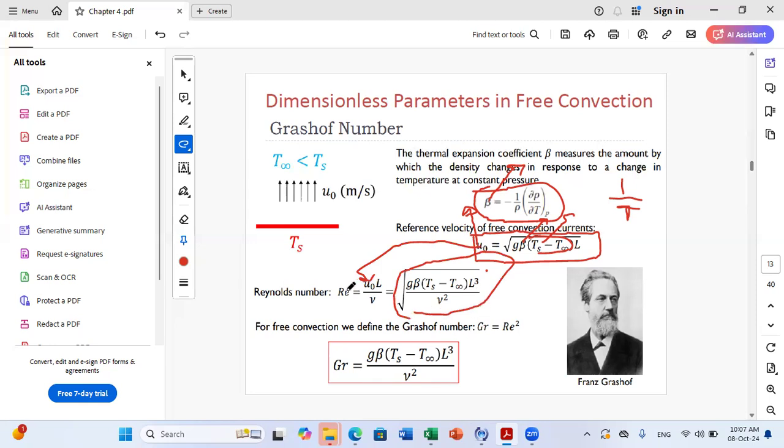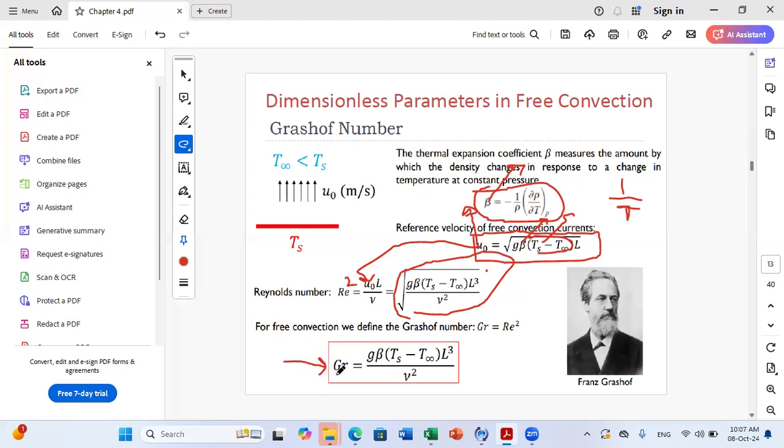Grashof is this Reynolds number squared. The Grashof is like Reynolds in forced convection. If you have forced convection, you blow air over a surface, you use Reynolds number as characteristic parameter, while if you have free or natural convection, you use Grashof number.